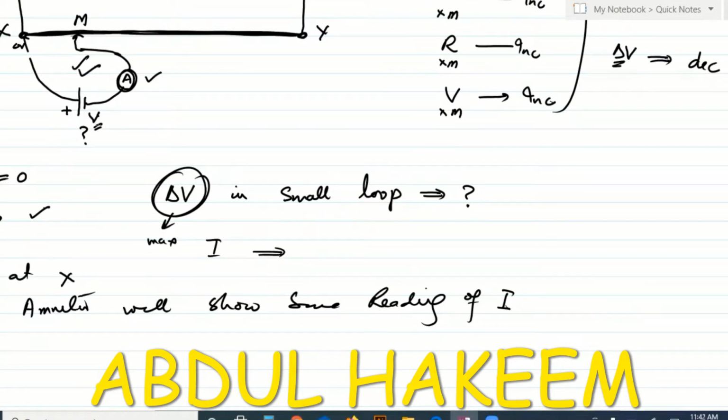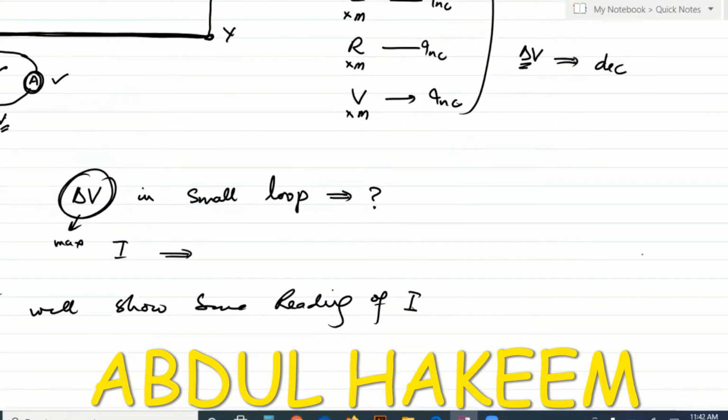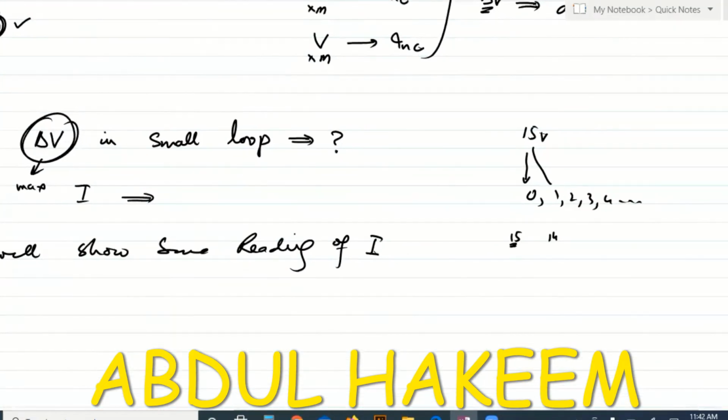So the difference between XM and this cell decreases, because suppose one potential is fixed and the other potential is increasing: 0, 1, 2, 3, 4. So 15 and 0, the potential difference is 15. 15 and 1, the potential difference is 14. 15 and 2, it is 13. Look, the potential difference is gradually decreasing.